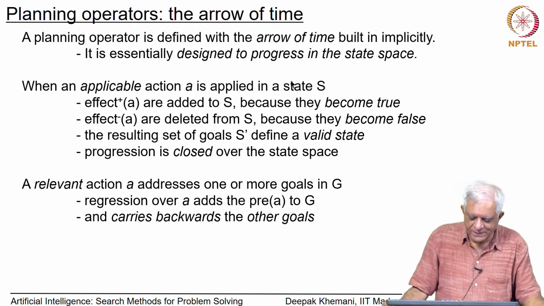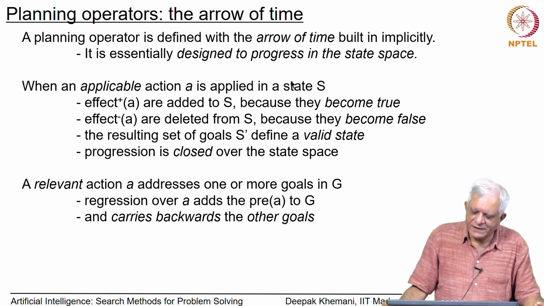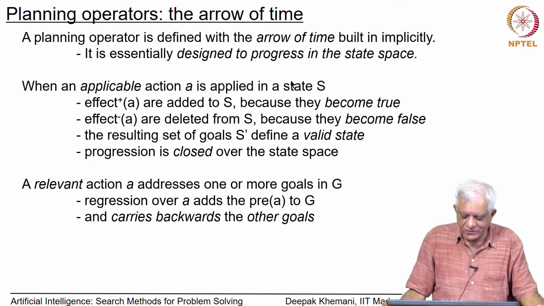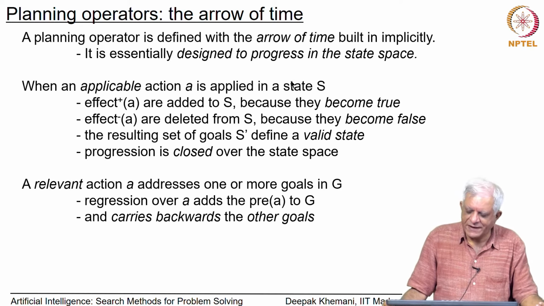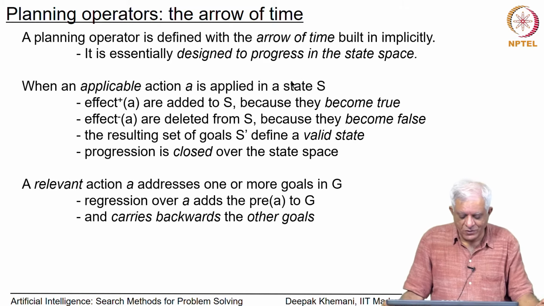A relevant action addresses one or more individual goals, and when we regress with an action over a goal, it adds the preconditions of that action to the set of goals, and carries forward the other individual goals that are there in the goal set.